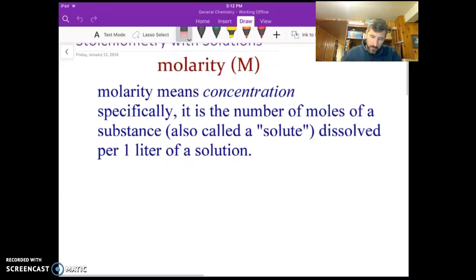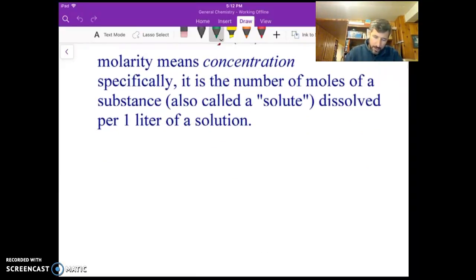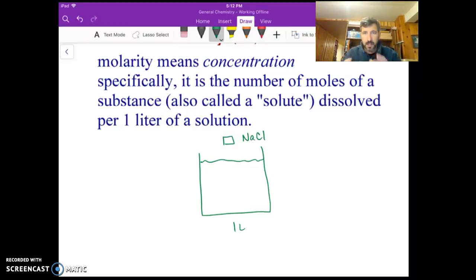Let's say we were talking about our solute, our thing being dissolved, as being sodium chloride. So if I have a beaker, and let's say this is a 1 liter beaker, and I dump in 1 mole of solid sodium chloride. So I'll just draw a big chunk of salt, a big block of salt, and I dump this into the water.